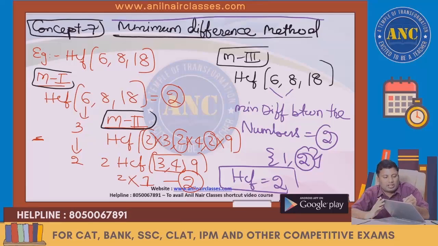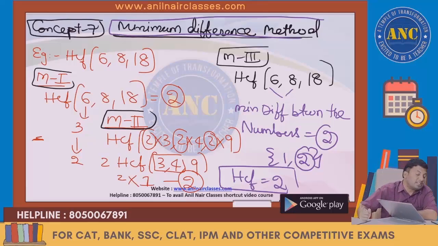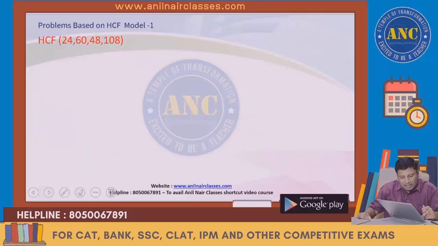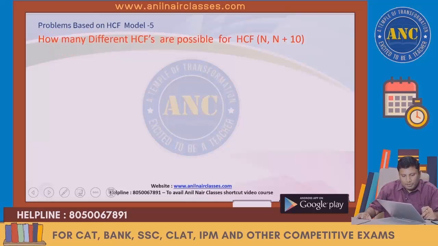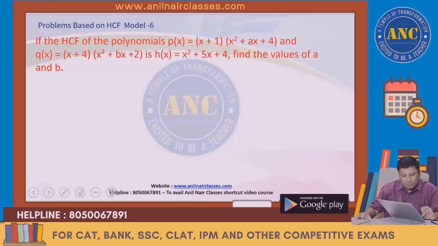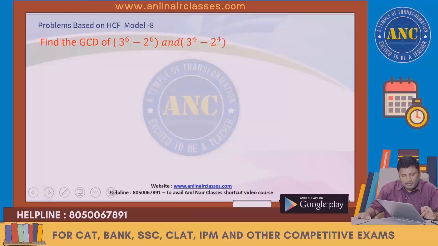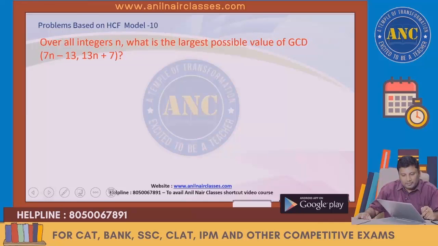Concept number 6 is the minimum difference method. I hope the idea is clear. To make this idea clear, I will directly go to a question, so that you will understand the concept. Let me see where the minimum difference method is.